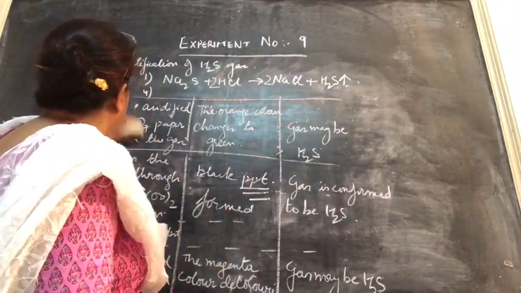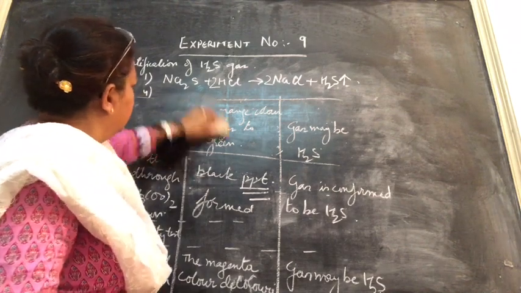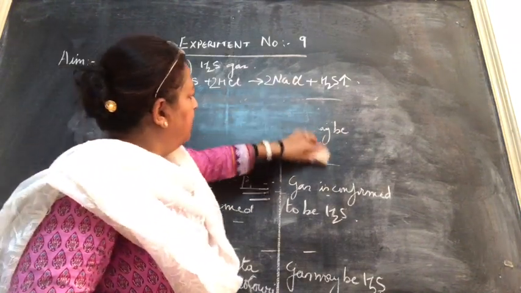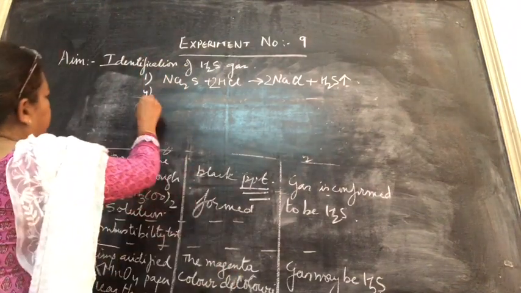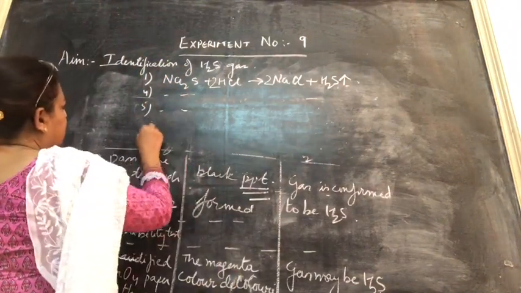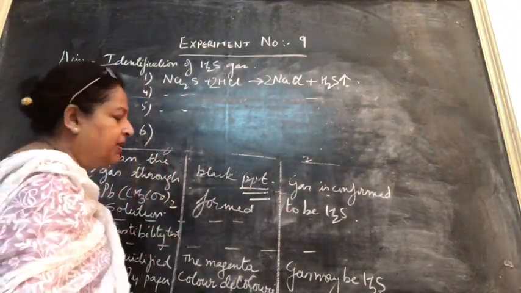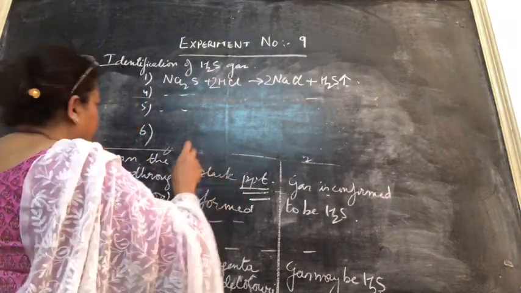Okay, 4th and 5th you write from your book, children. 6th I am writing because that's a confirmatory test, very important, you have to learn that reaction.